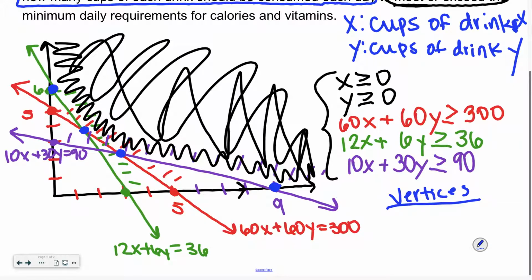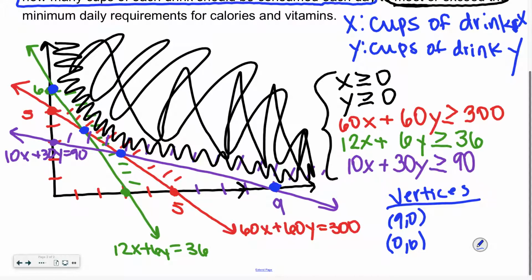What coordinate is this? What coordinate is this? 0, 6. Now, do you see why? Is where the purple and the green cross not a vertex? It is not, because it is not with the shading. It doesn't bound the shading, so it is unimportant to us.